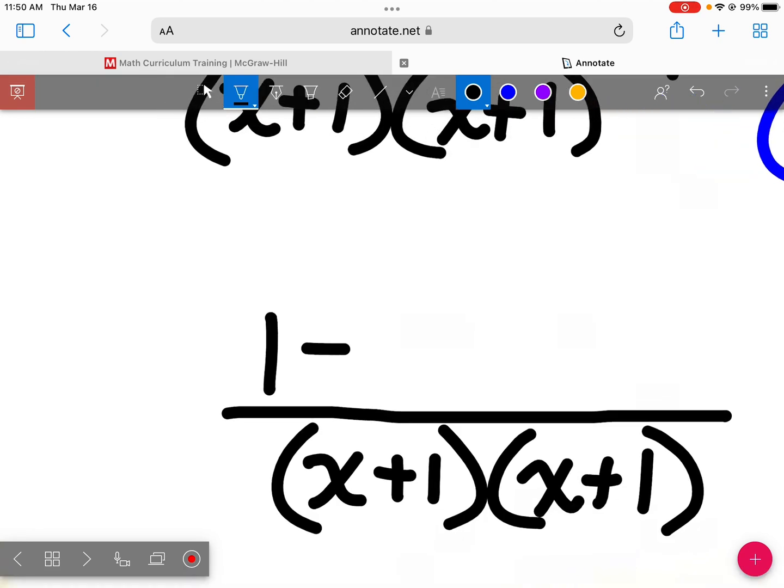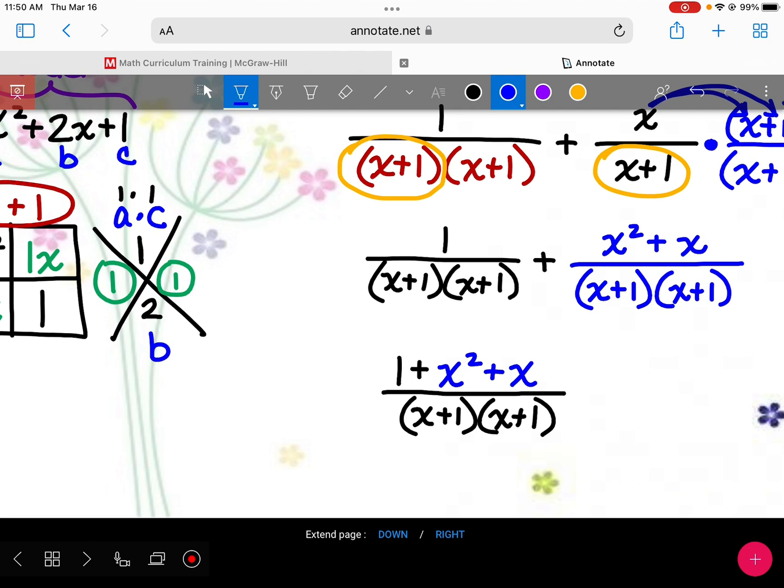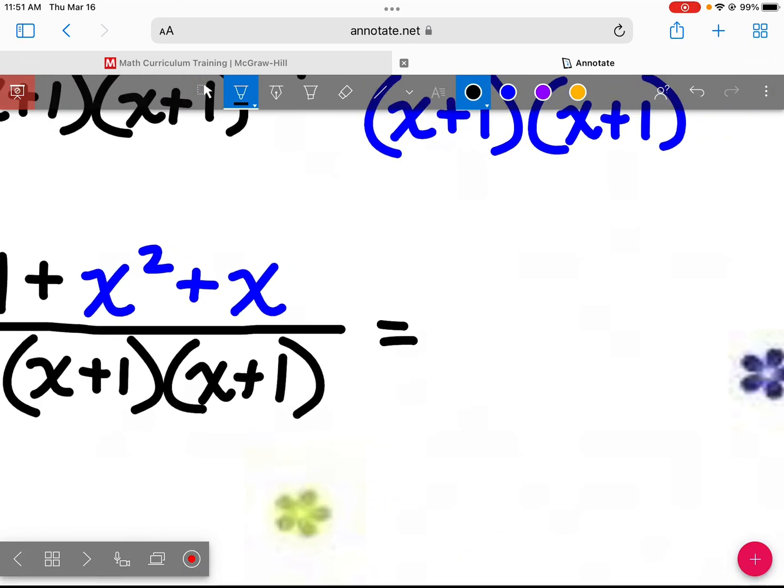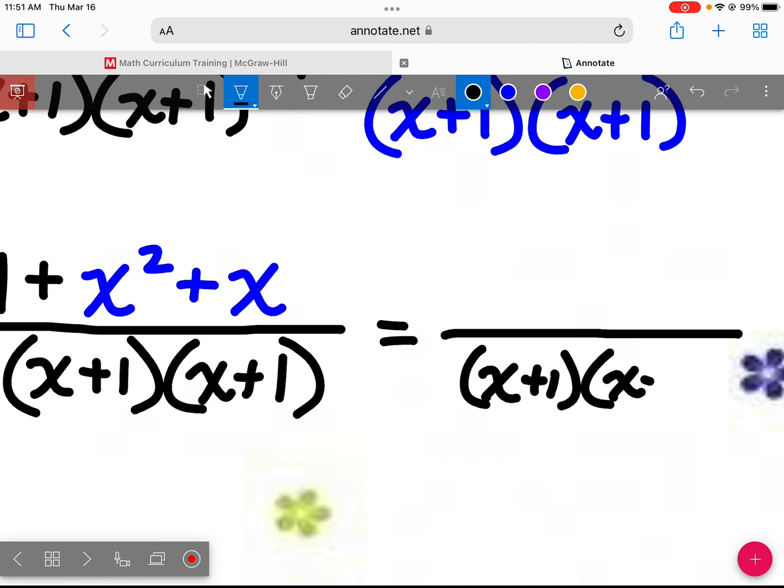So I have 1 plus x squared plus x. Are there any like terms there? No. Same letters with same exponents? No. So can I actually combine anything? No. Normally, we're going to write our answer in decreasing order, the highest power of x first. In my numerator, what is the highest power of x? x squared.